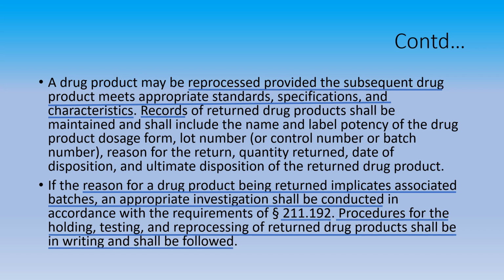If there is a common API used in several drug products, all the other implicated batches also have to be investigated for compliance to requirements. Section 211.192 prescribes in production record review all these specific requirements. Also, detailed procedures for handling the returned products should be captured in an effective system and followed.